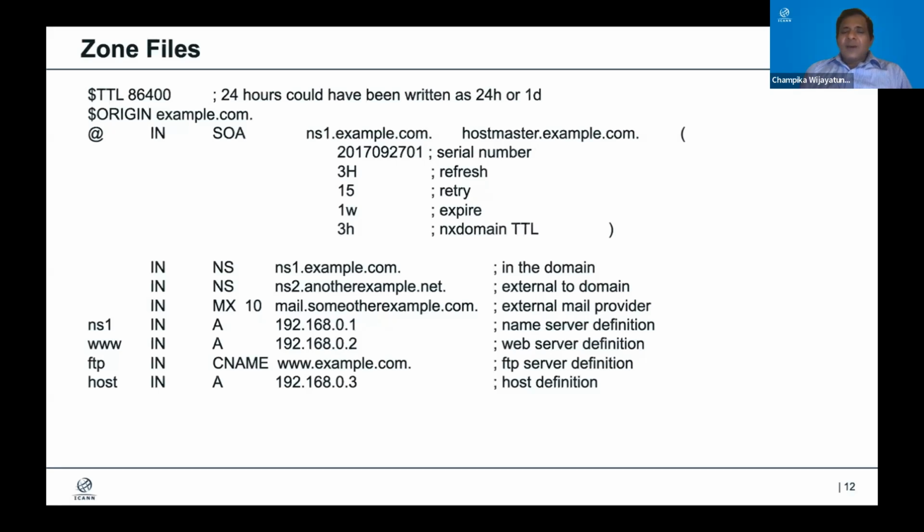Later on, if I add some new records to my zone, I will increase my serial number. If I increase my serial number, you know that your serial number and my serial number are not the same, right?